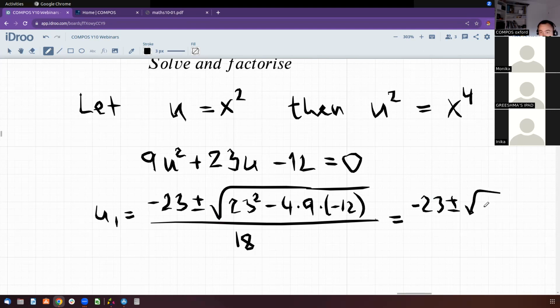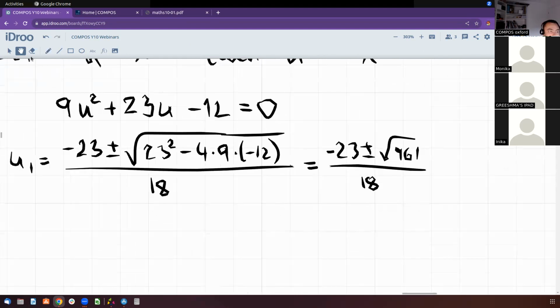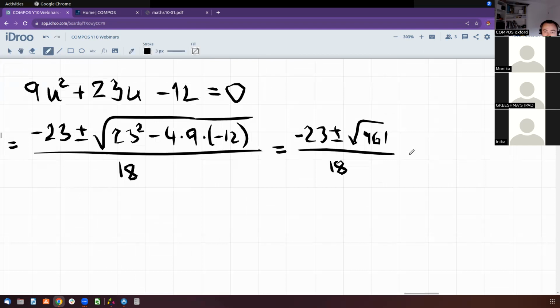So square root of 961 over 18. Sorry, that's u, not u1. And we have minus 23 plus or minus, I'm guessing that's 29, divided by 18.